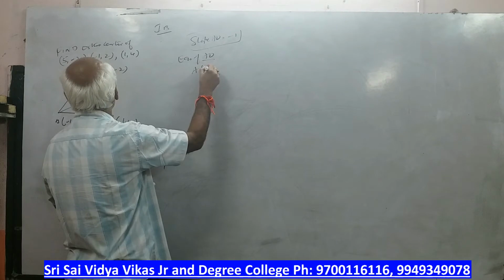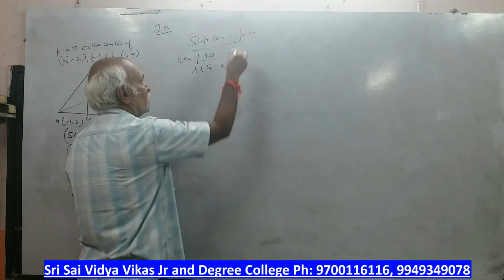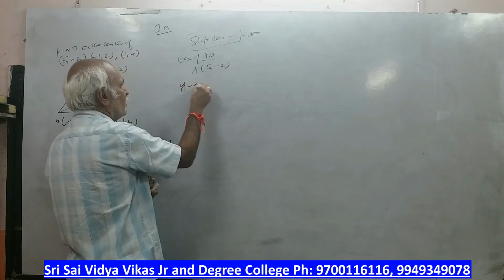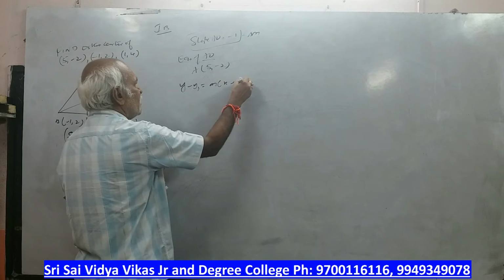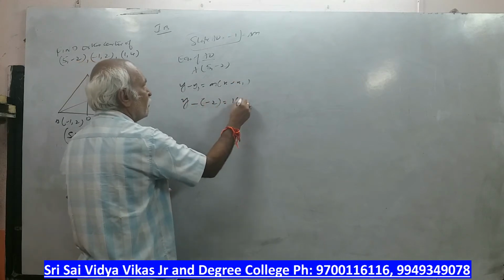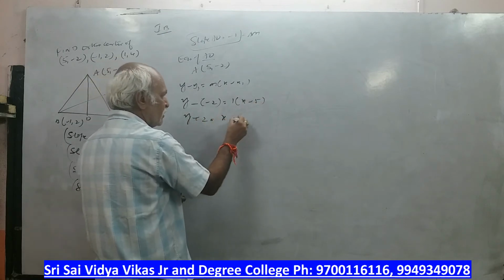Now equation of AD. What are the A points, sir? 5 comma minus 2. M value we got already. What is the M value we got? Minus 1. Therefore, y minus y1 is equal to m into x minus x1. y minus of minus 2 is equal to minus 1 into x minus 5. y plus 2 is equal to minus x plus 5.